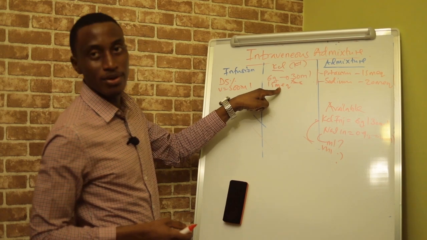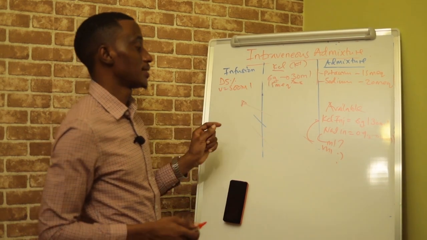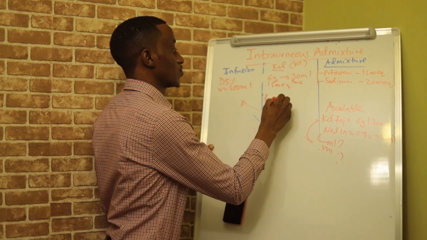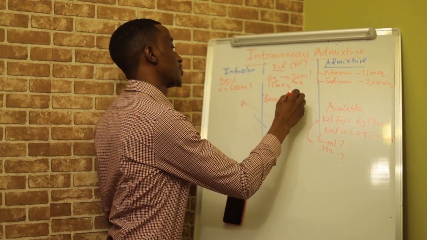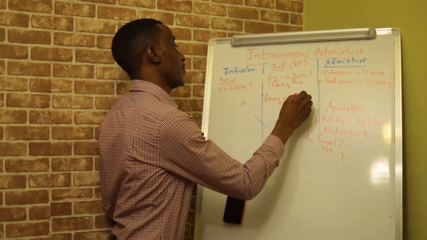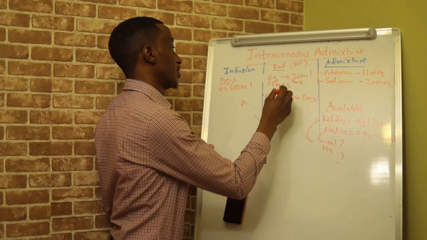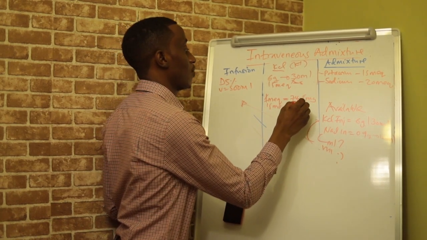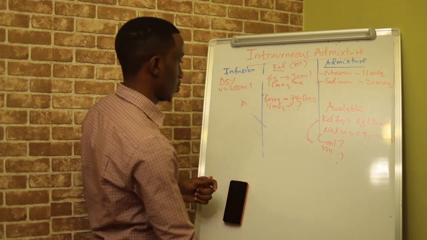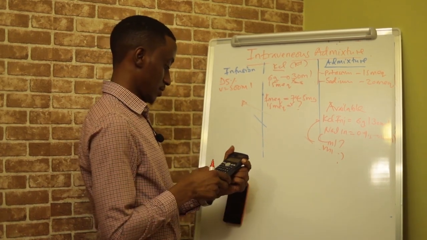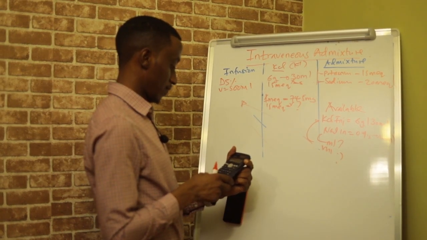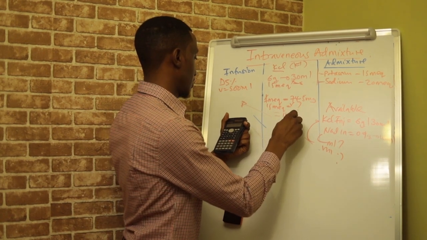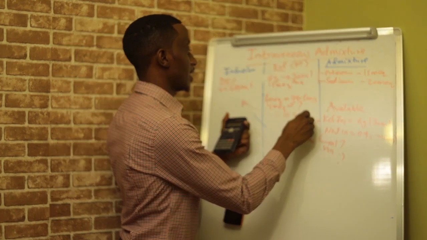So how do you do this? First, convert milliequivalents into grams. Remember, 1 milliequivalent of potassium chloride is provided by 74.5 milligrams. So 15 MEq are provided by how much? So this is 15 times 74.5. Then that is 1117.5 milligrams.